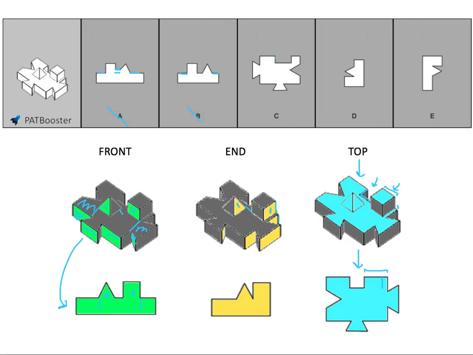For C, the indentation is the problem. This is an attempt at the top view, but this part of the shape is not correct. We know that this part of the shape is looking pretty good because it's that rectangular shape we were looking for, but this part of the shape also has to be rectangular.